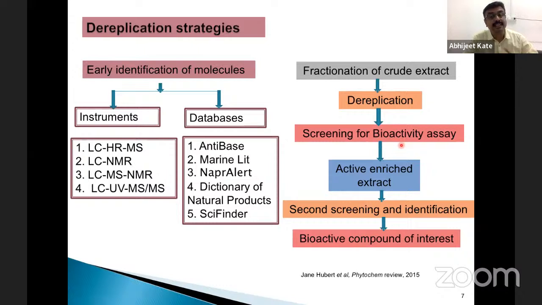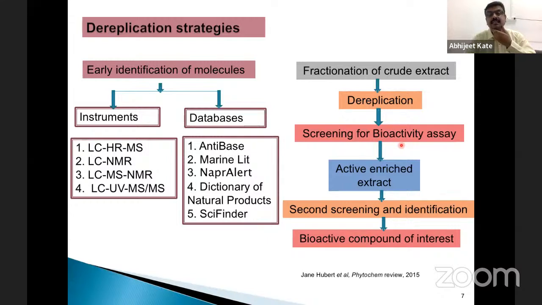So I'll prepare extract and check if these molecules are showing anti-cancer potential or not. And then I will de-replicate to see what those compounds are. Are they known? Then I'll ask, are they known for anti-cancer? And if the answer is no to any one of these questions, I will go ahead and isolate those compounds.